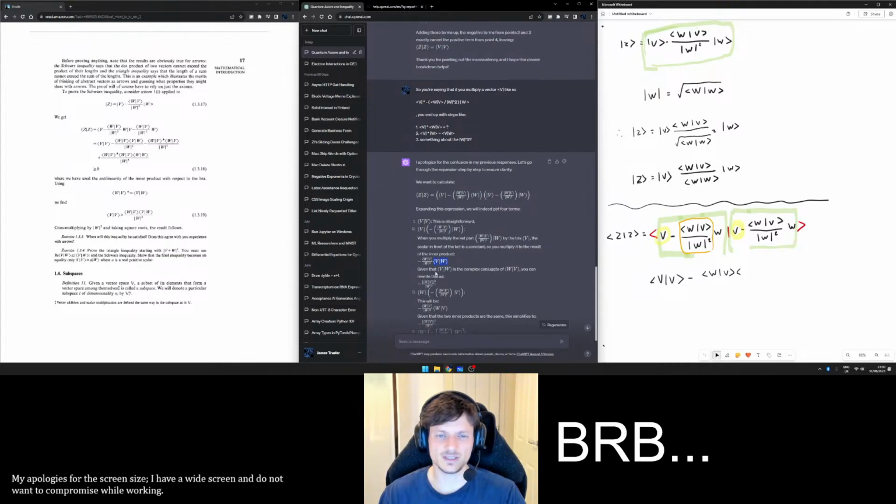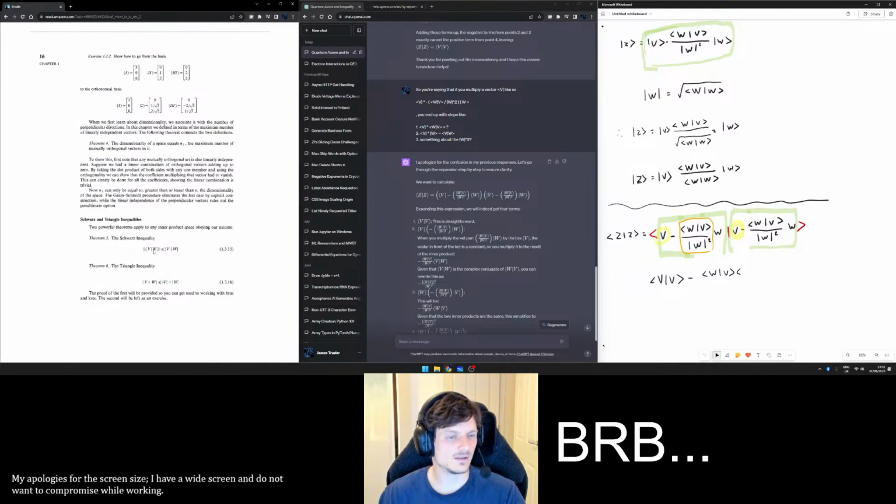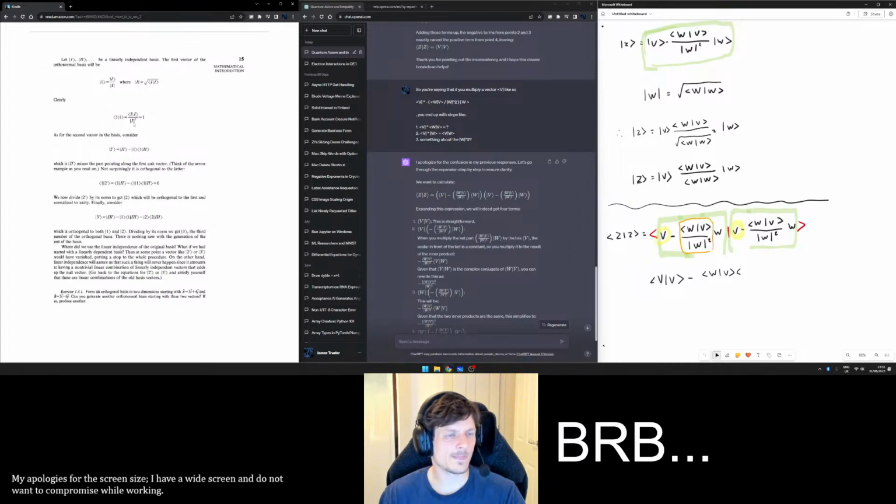Given that VW is the complex conjugate of WV, you can rewrite this as the magnitude of WV squared. The magnitude of that is equal to the square root.